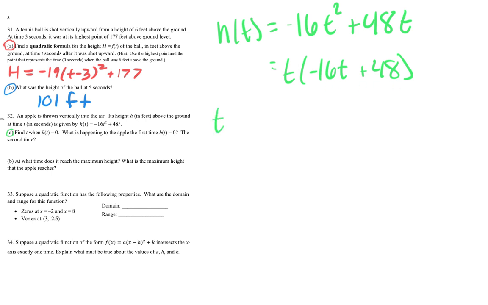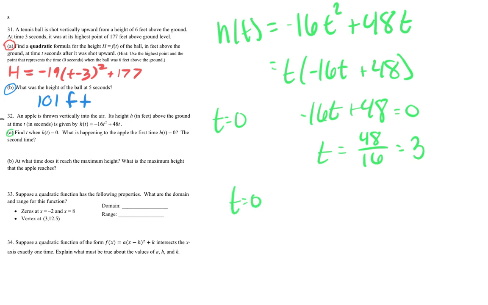So t can equal 0, or I can set negative 16t plus 48 equal to 0, and I get t equals 48 over 16, which simplifies to 3. So h of t is equal to 0 at t equals 0 and at t equals 3.